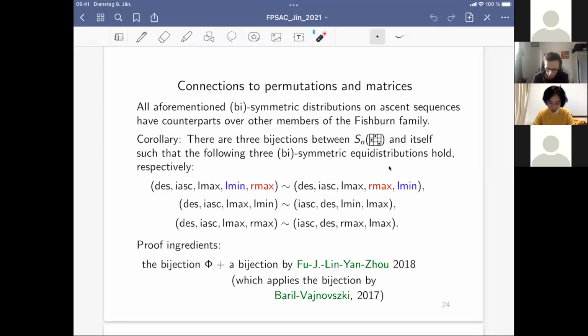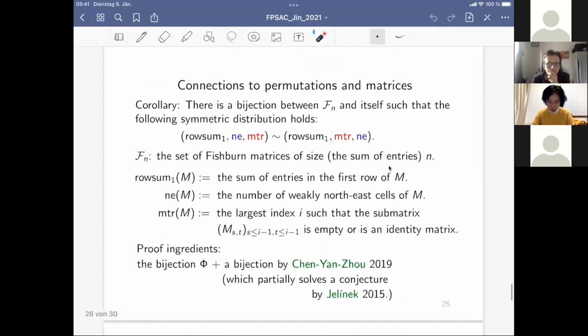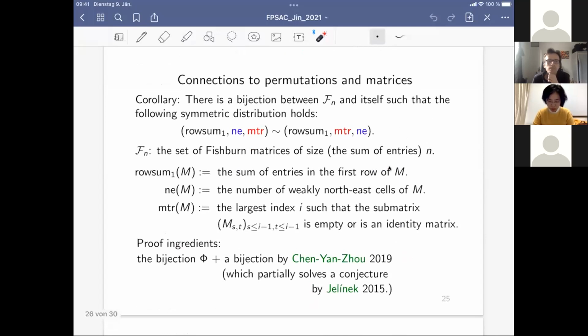Actually, the second one applies the bijection from Varjanovsky's paper, and it is for the Fishbone matrices. We do not have that many equidistributions, but we have some. Again, we use this bijection on ascent sequences plus a bijection by Chen Yanzhou in 2019. Then we can come up with this symmetric distribution.